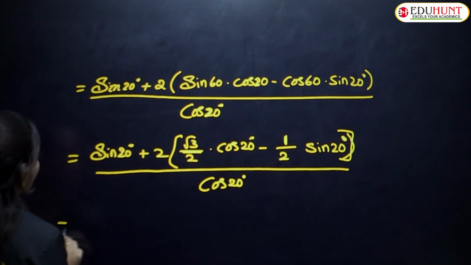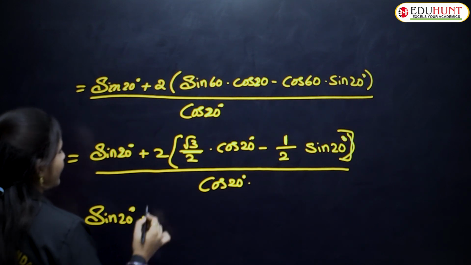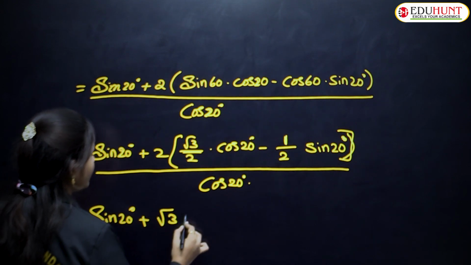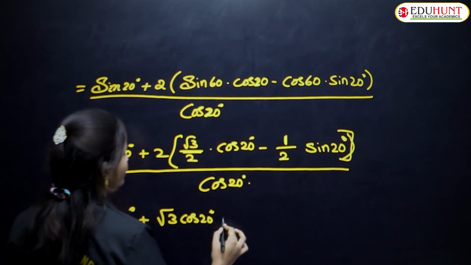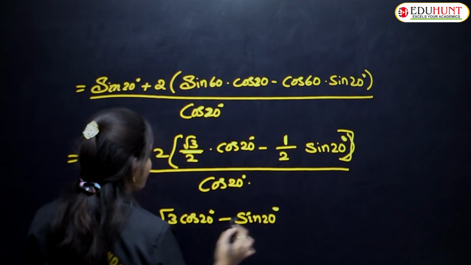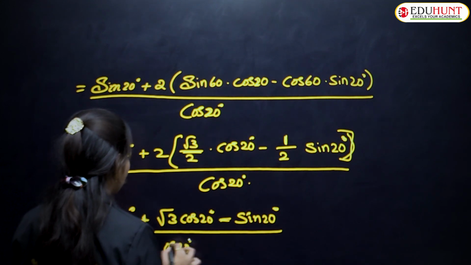Now sin 20 degrees plus, taking the multiplication by 2 into root 3 by 2, which is equal to root 3 cos 20 degrees, and minus 1 by 2 into 2 is minus sin 20 degrees, whole by cos 20 degrees.